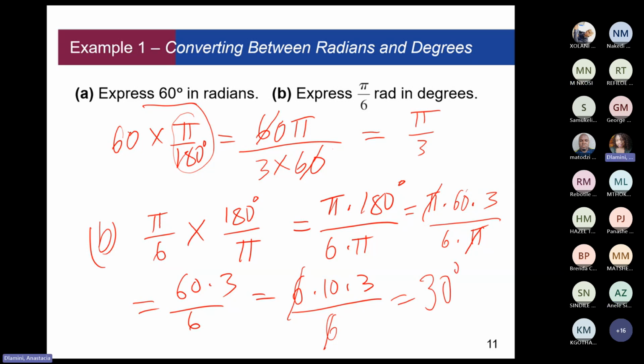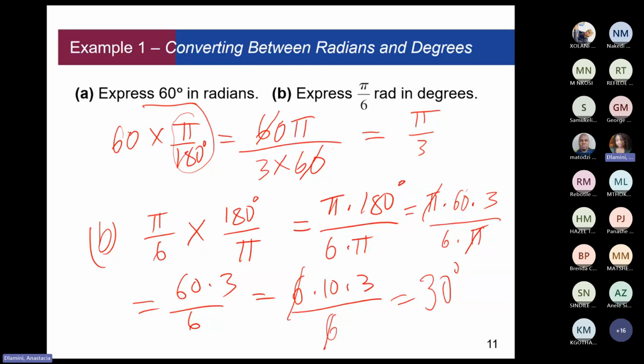Ma'am, there's even a simpler approach, I could see that 180 divided by 6 is 30. Yes, it's 30. You don't have to do it like this.